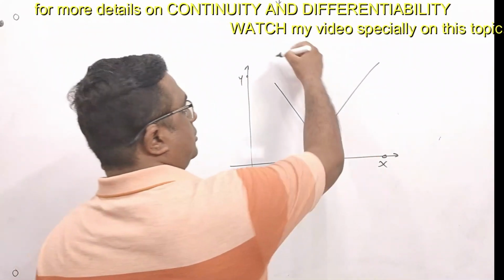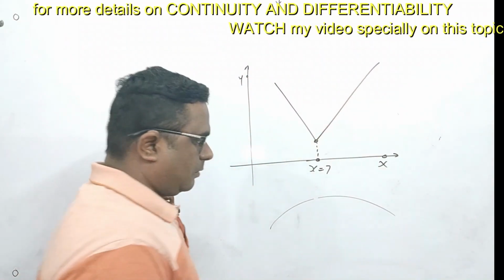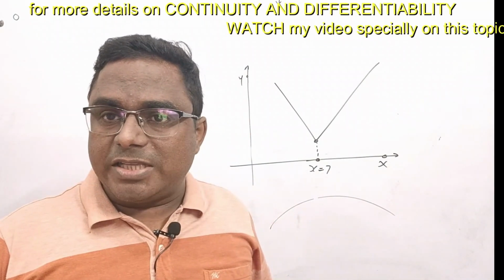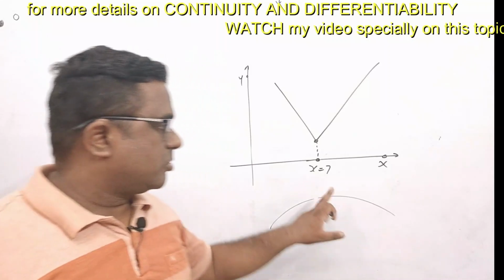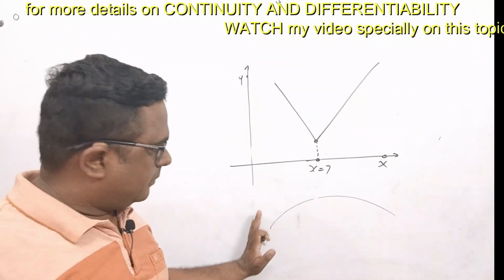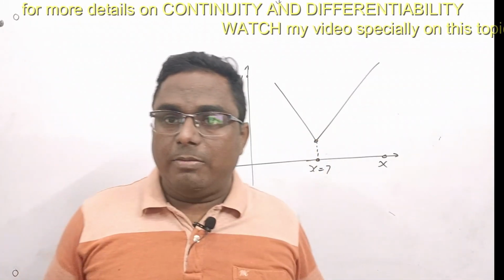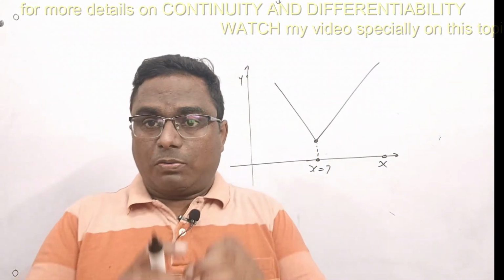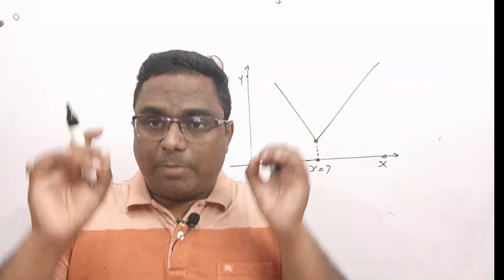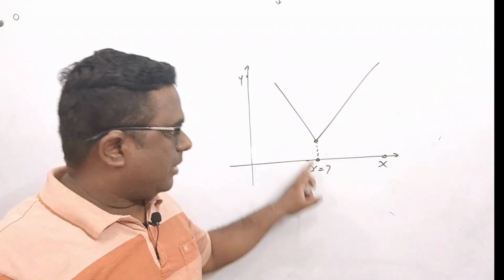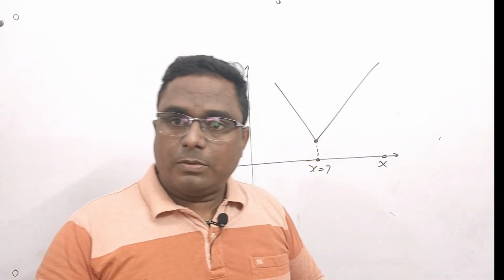In the earlier situation, there was a gap in the graph, we were not able to draw even a single tangent, so the function was not differentiable there. And at this point, we are not able to draw a unique or fixed tangent. That's why the function is also not differentiable at x equal to 7 for this function.